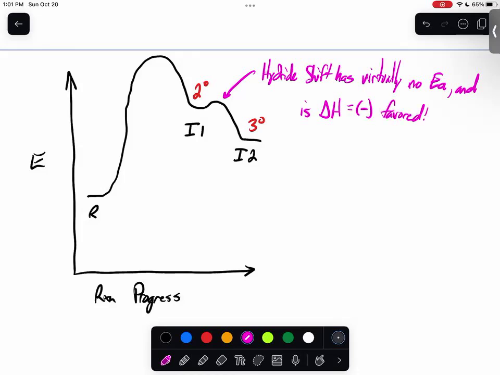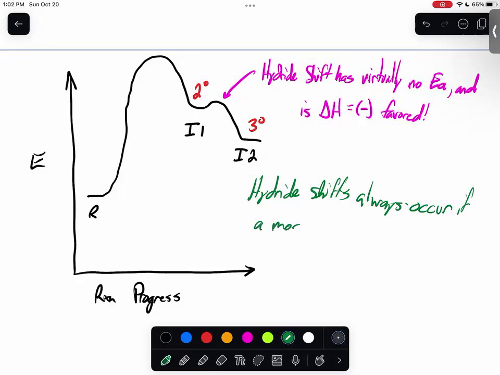The important thing is that hydride shifts always occur if a more stable carbocation is available adjacent. Right? Keep in mind we're saying adjacent because that is a very important thing to keep in mind.